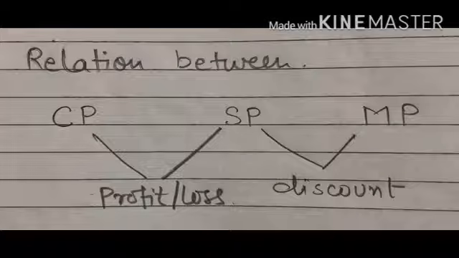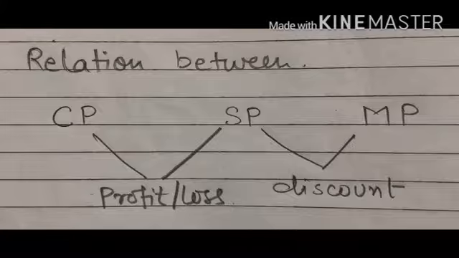If we calculate profit and loss, then we require the cost price and the selling price. When we calculate the discount, then we need the selling price and the marked price, the tagged price, and the discount percent is given. Discount is given by the shopkeeper, and after the deduction of discount, there is a selling price, which is basically our cost price. So the selling price is for the shopkeeper and the cost price for us.